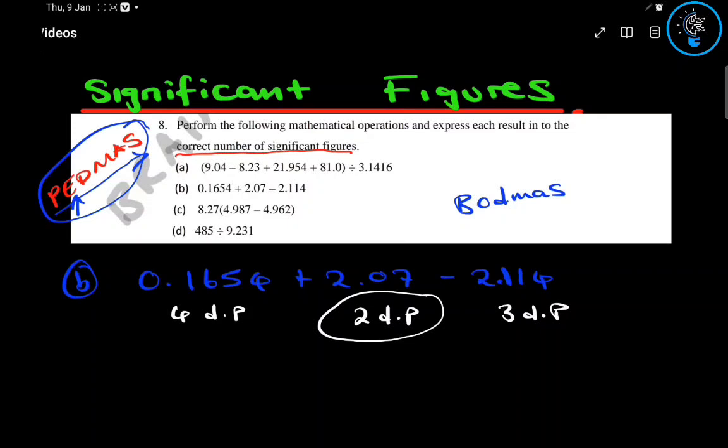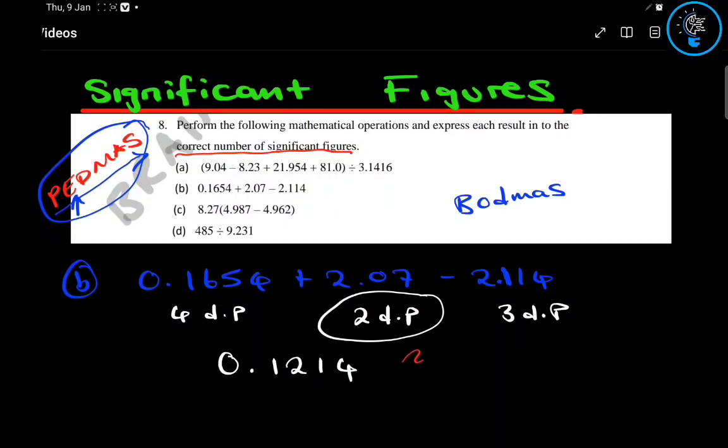Okay, let's do it. 0.1654 plus 2.07 minus 2.114. This one will give us a value of 0.1214.